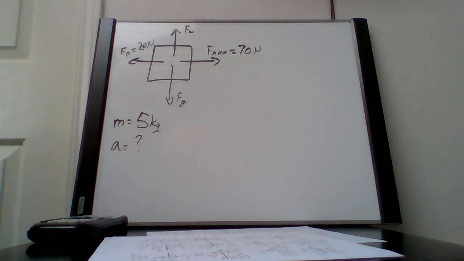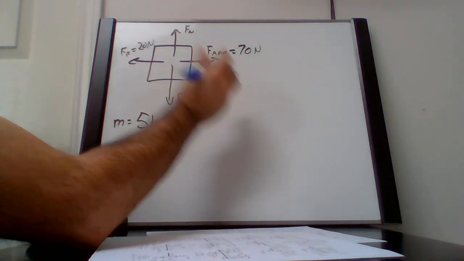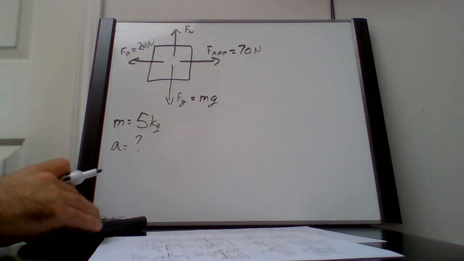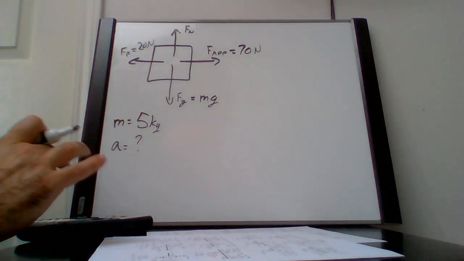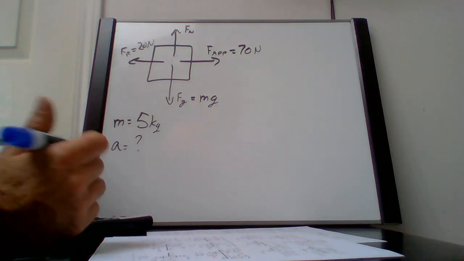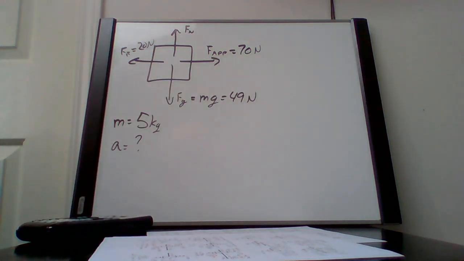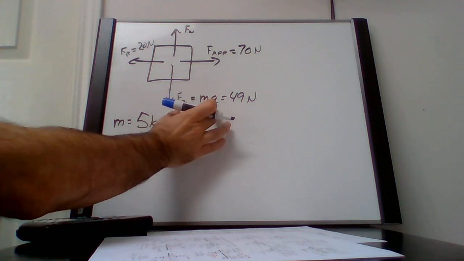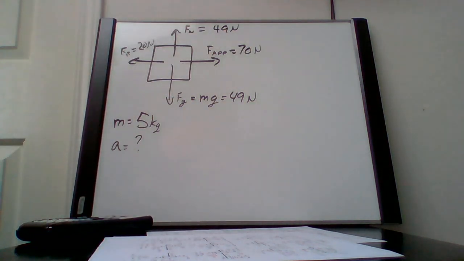Now, FG, this is mg. For this problem, I think it says 300, which is wrong. We would do our 5 times our 9.81, and we end up with approximately 49 newtons. And since this object is not going to be moving up or down, the force of gravity and the force of normal are the same, and so we'll say again 49 newtons.